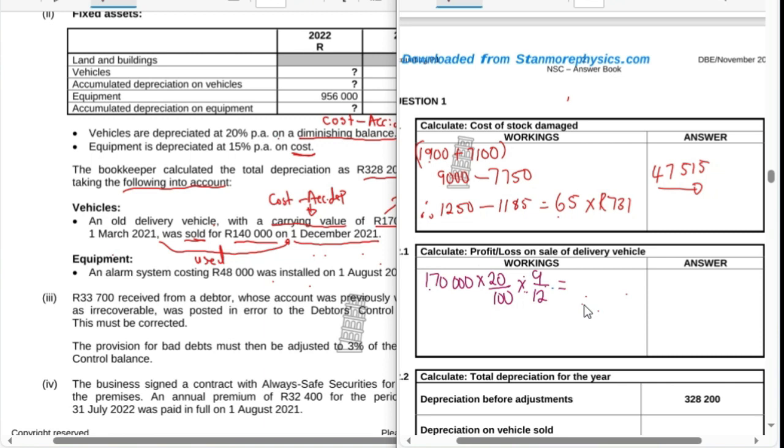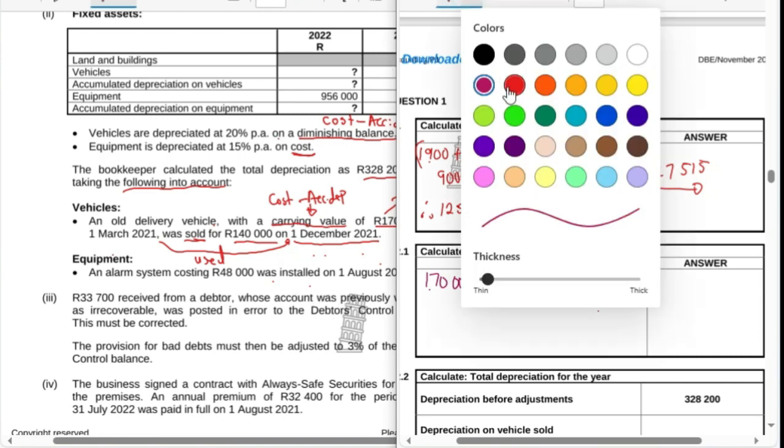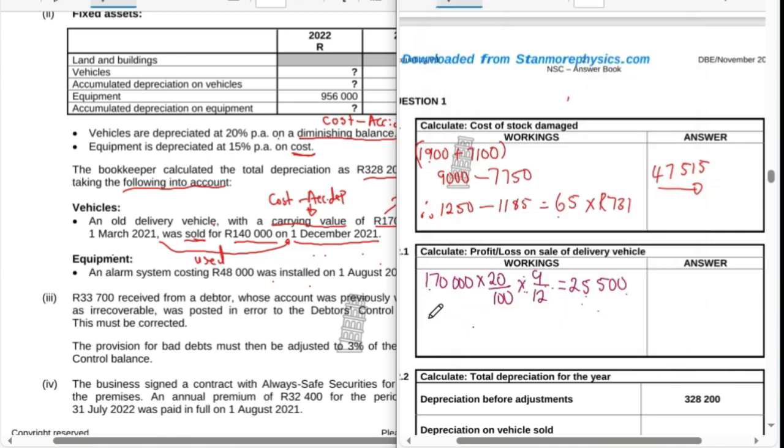We're going to punch 170,000 multiplied by 20 divided by 100 multiplied by 9 divided by 12, and then we find out that this vehicle has depreciated by 25,500 from 1st March until the end of November. And then guys, this vehicle is no longer worth 170,000, but now it's going to be worth how much? We are going to say 170,000 minus the what?